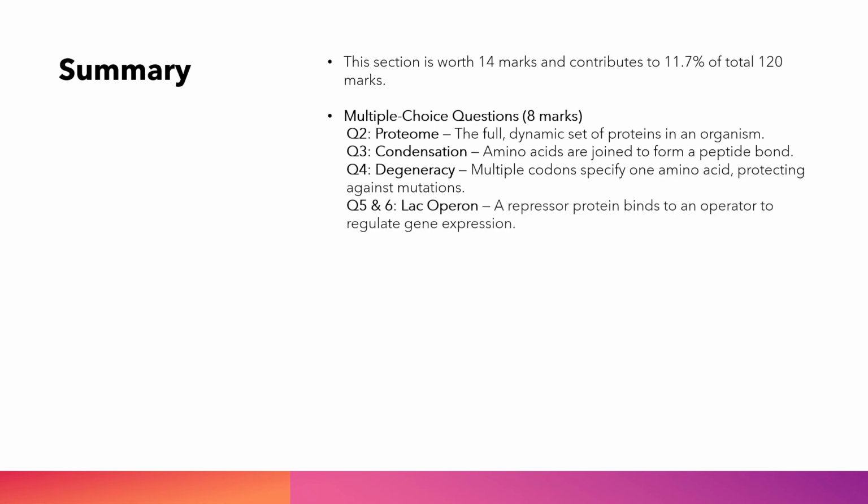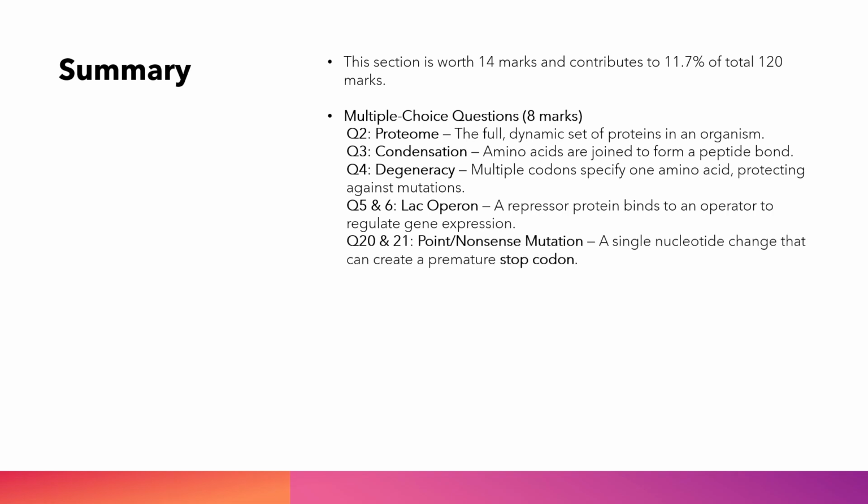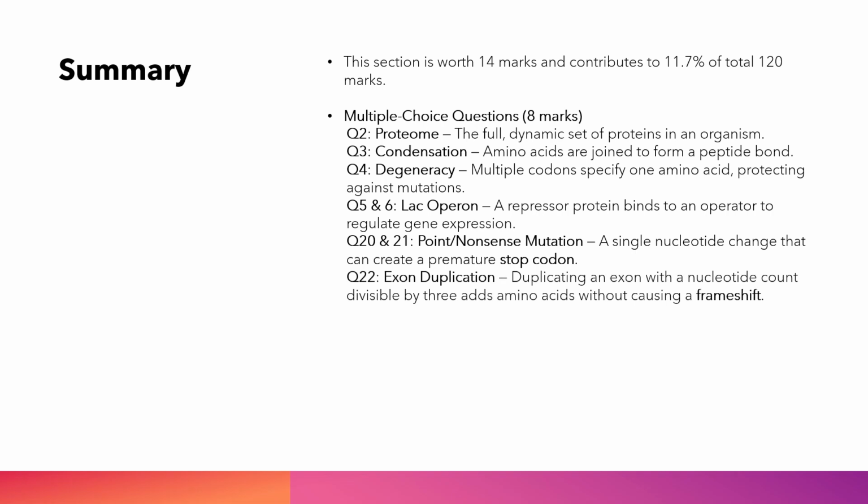Q5-6, Lac Operon, a repressor protein binds to an operator to regulate gene expression. Q20 and Q21, nonsense mutation, a single nucleotide change that can create a premature stop codon. Q22, exon duplication, duplicating an exon with a nucleotide count divisible by 3 adds amino acids without causing a frameshift.